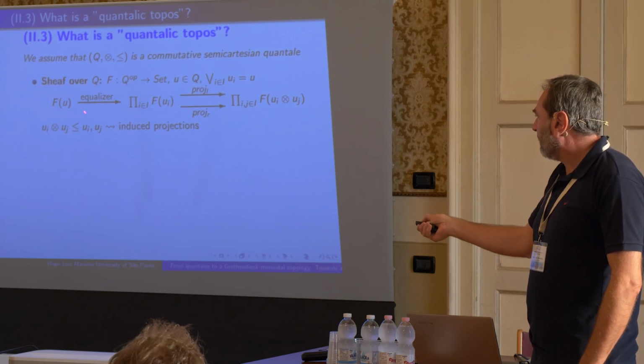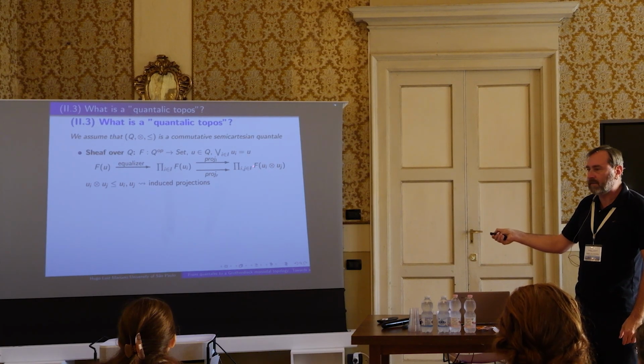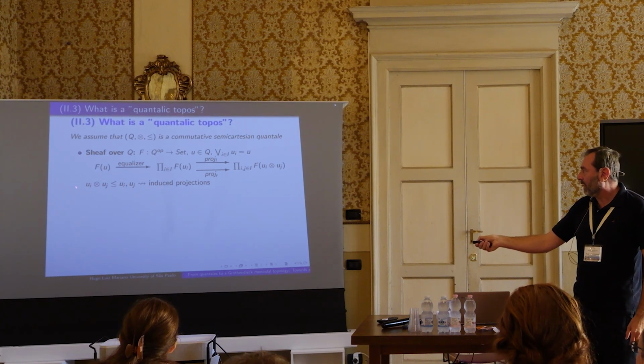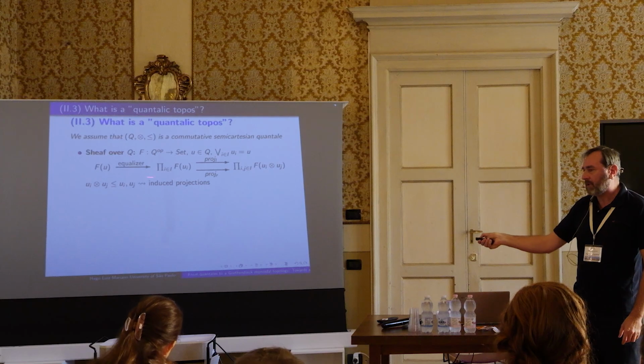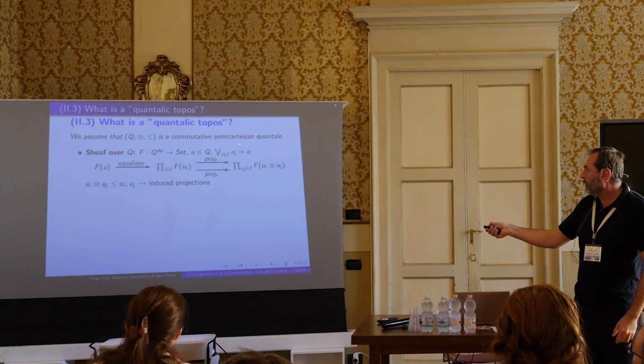We just replace the notion of covering, which is the same, and the equalizer diagram is the same, where we replace infima by this quantale product. And of course, for this diagram to make sense, we have to assume that we have these projections. This is exactly the hypothesis of the quantale being semi-Cartesian.